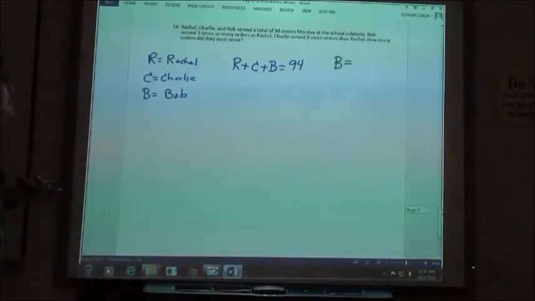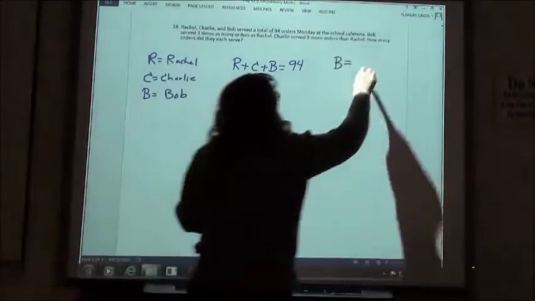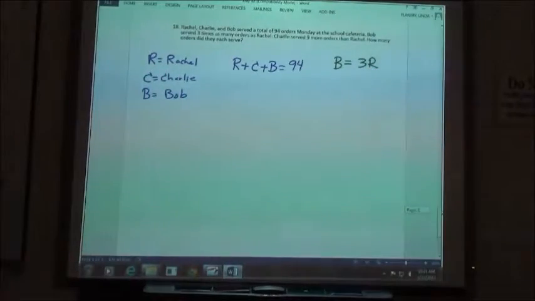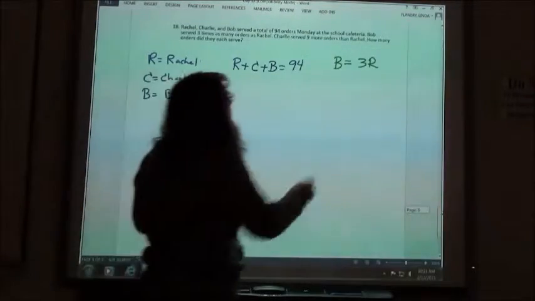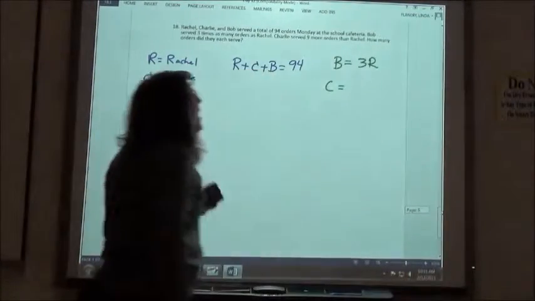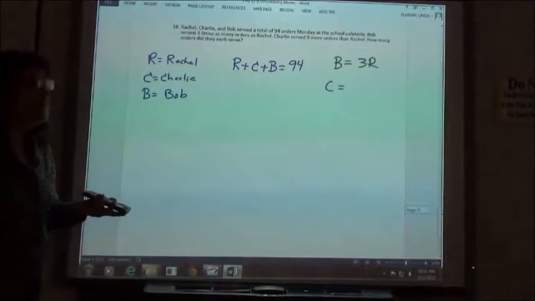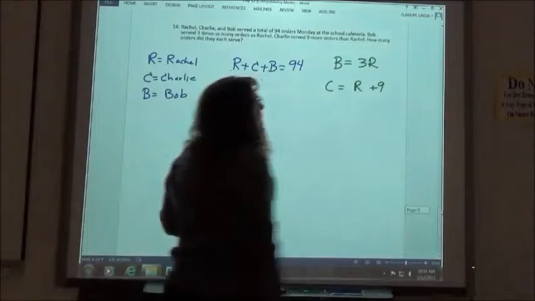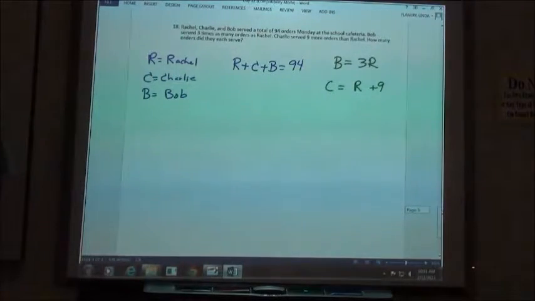So Bob is equal to 3 R's. Charlie served 9 more orders than Rachel. So I'm talking about Charlie. 9 more means I'm adding 9 to whatever Rachel did. 9 more than Rachel.